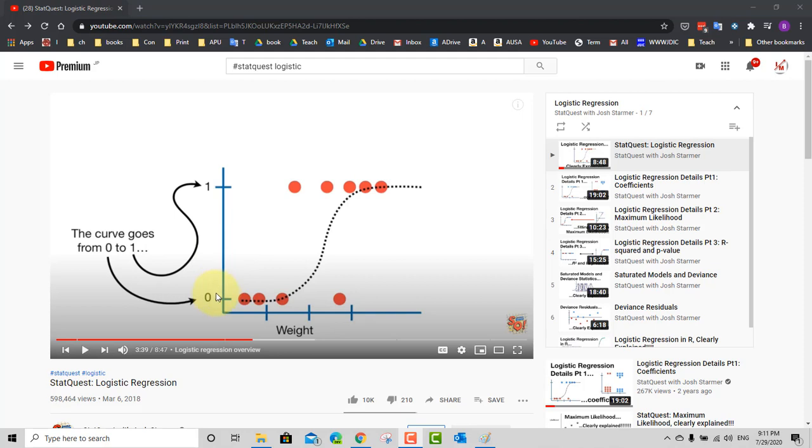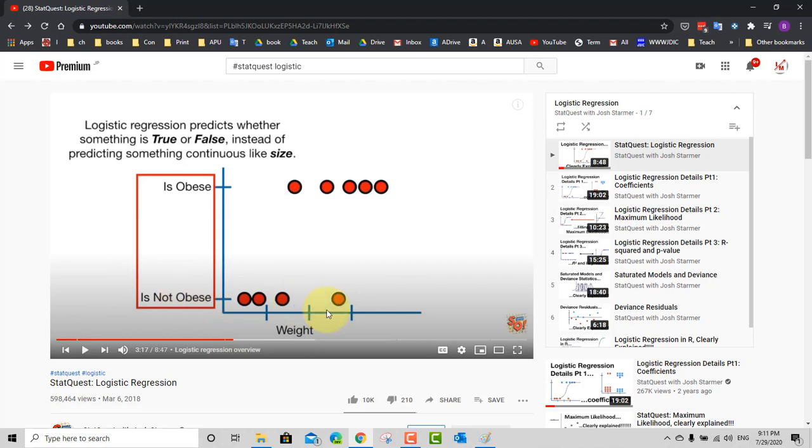And then if we use the cutoff of 50%, we would say, is that not obese or is obese? We'd say it's not obese. So if we use that curve, we go over to here, we'd say it's not obese. Now it happens to be obese. But anyway, we would predict that it's not obese, and that's because we're using the cutoff of 0.5. But we might choose to adjust the cutoff to change it. And we'll talk about that in the ROC discussion next.